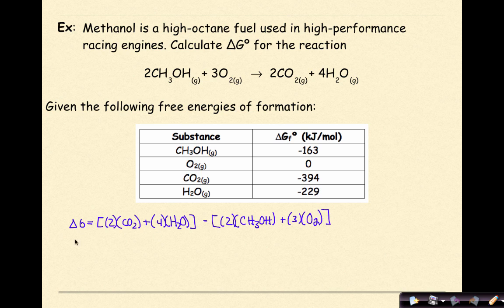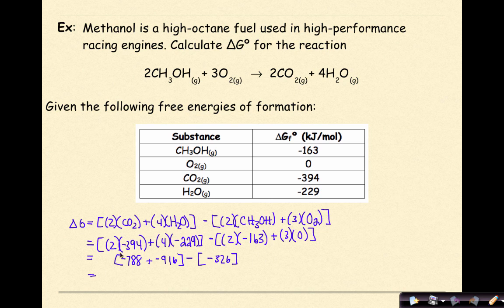Trust me on this. So here I plugged in negative 394 for my CO2, negative 229 for my water as water vapor, negative 136 for my methanol, and 0 for my O2 because remember, it's in its elemental state. Now I'll continue my calculations.